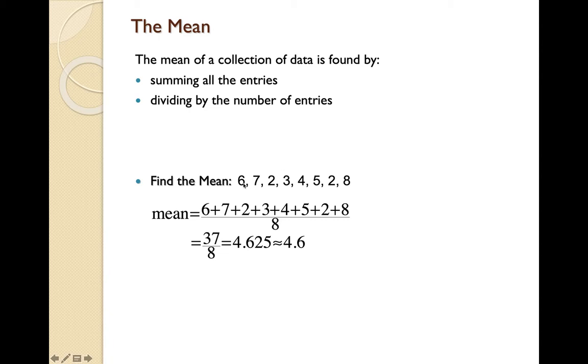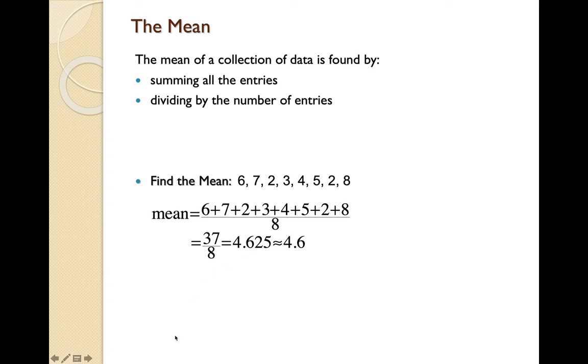So here's a numerical example for the data set to the right of the instructions to find the mean. We would add up all the data values. There are 8 data values, so we divide by 8. And so we get 37 divided by 8, which is 4.625, which if you're going to round, you can round to 1 degree more accurate than the actual observations.